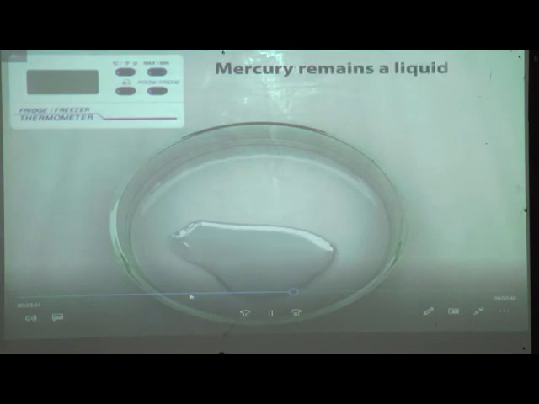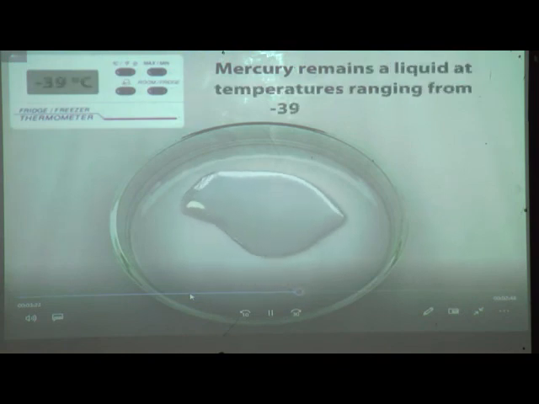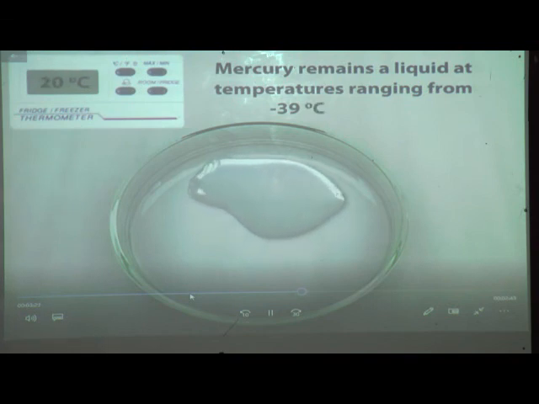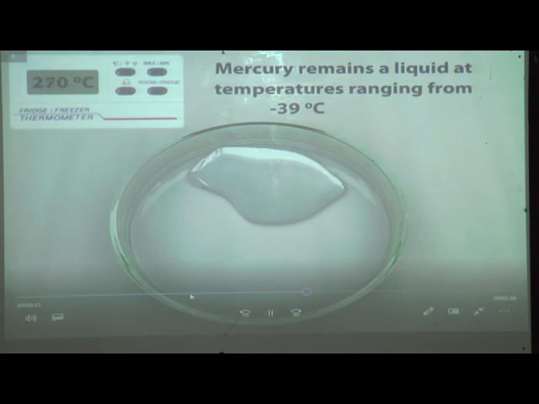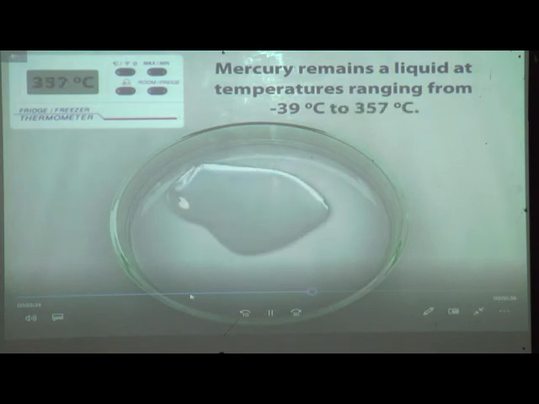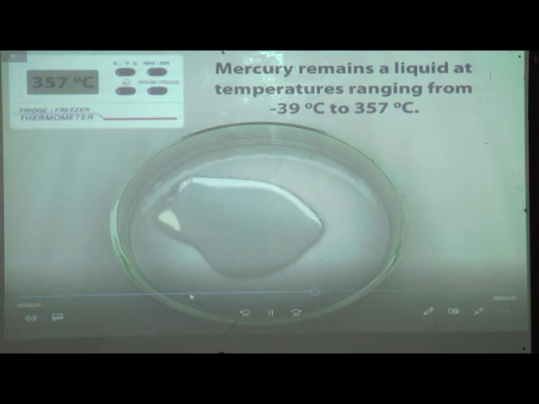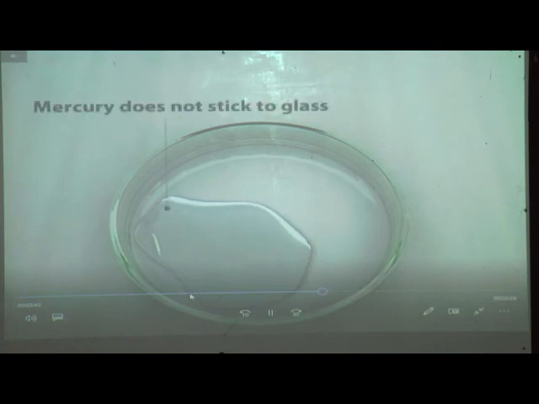Second, mercury remains a liquid at temperatures ranging from minus 39 degrees Celsius to 357 degrees Celsius. Hence, it can serve to measure a wide range of temperatures. At last, mercury does not stick to glass.